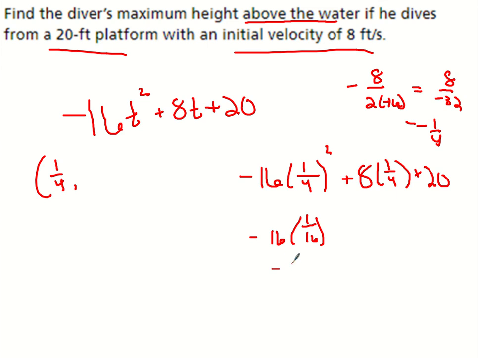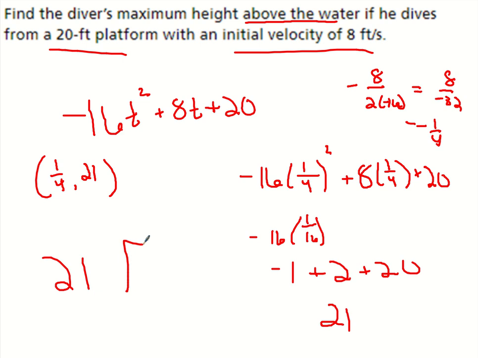That makes it nice and easy because it's just negative 1. 1/4 of 8 is 2. And then we add the 20. That's 21. So 21 feet at the highest point above the water, so I can actually leave it at 21 feet. And that's it. I am all done.